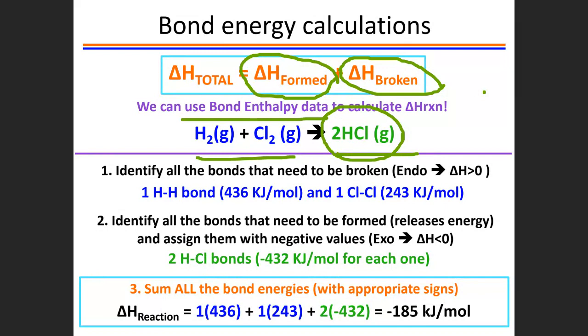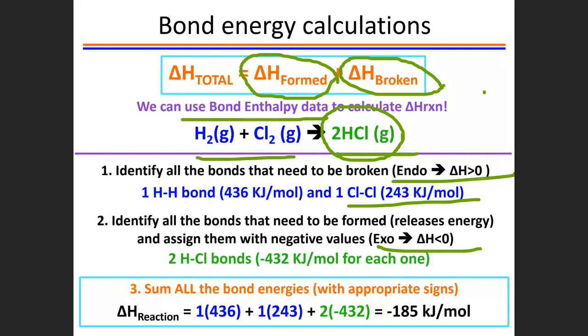So identify all the bonds that need to be broken. Identify all the bonds that need to be formed and release the energy. Exo and broken means endo; the value will be similar.